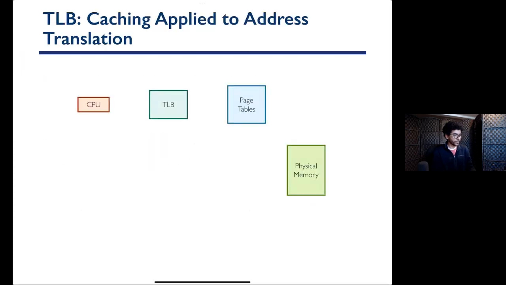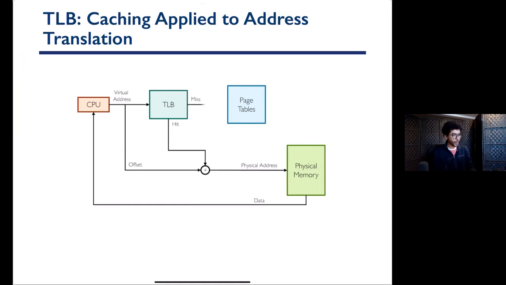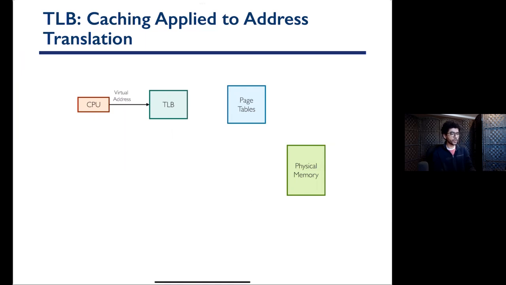To just look at the flow one more time: when your virtual address is generated, you first go to your TLB to see if this virtual address has been translated to a physical address already. If yes, then you have your address. You just go to your physical memory and you get the data that you want.